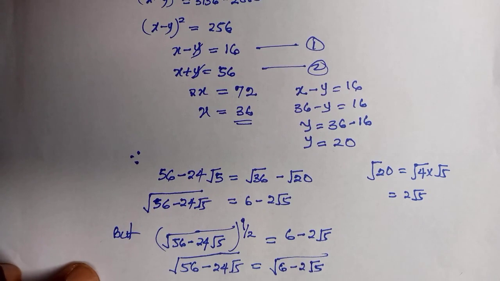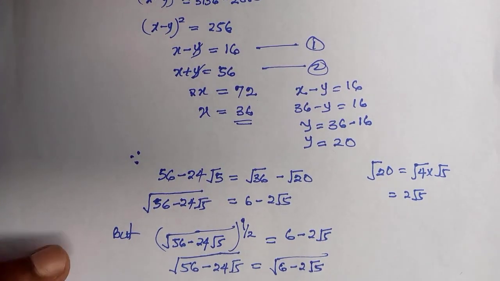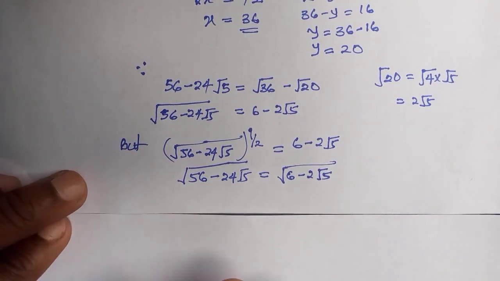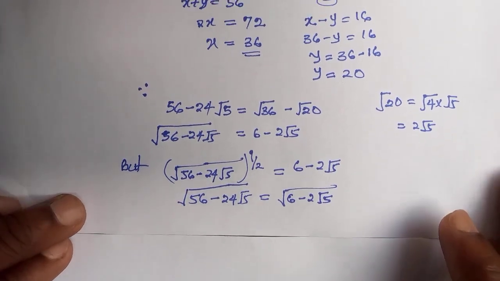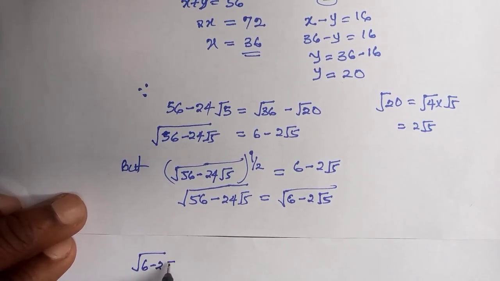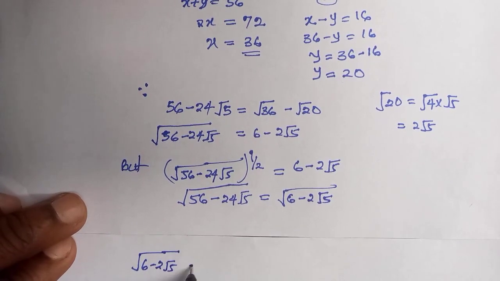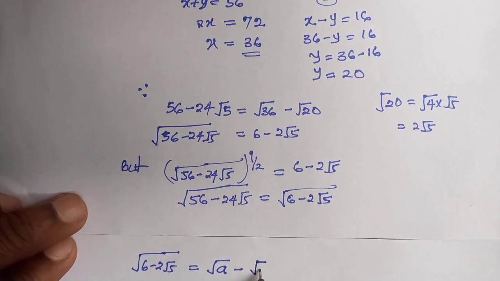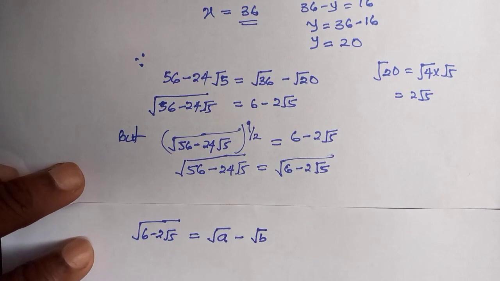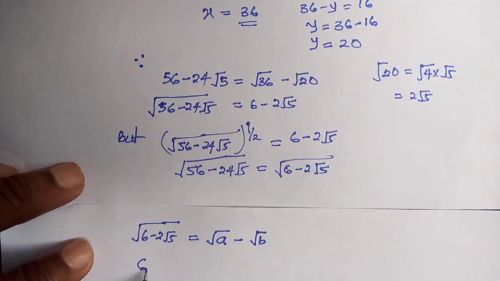So I want to deal with this square root of 6 minus 2 root 5 separately by applying the same method above. So we are going to have the root of 6 minus 2 root 5 equals, let this one be square root of a minus the square root of b. And let's take the square of both sides as we did above.